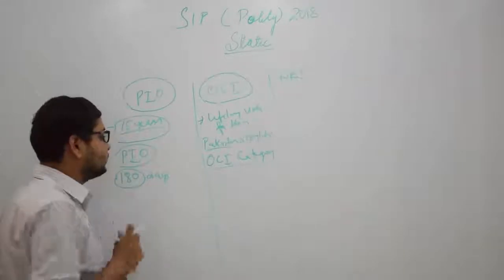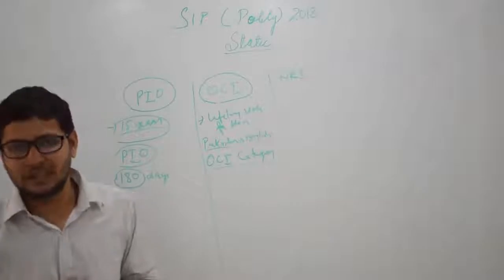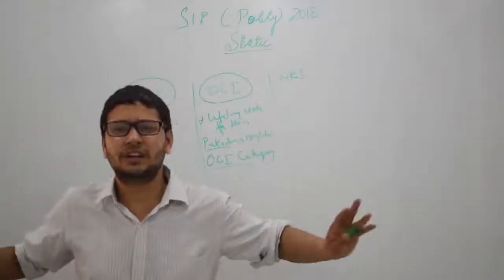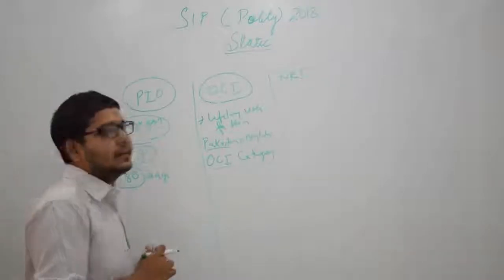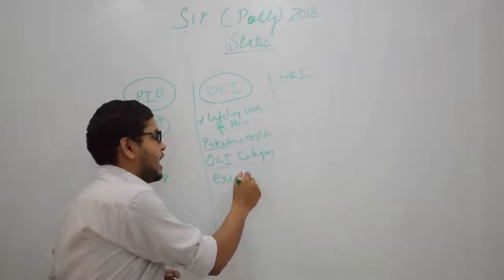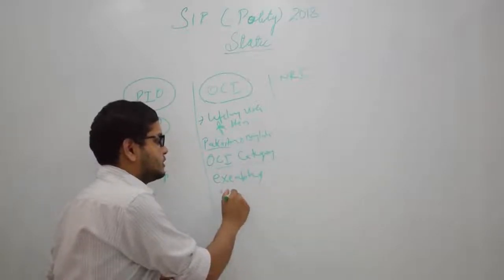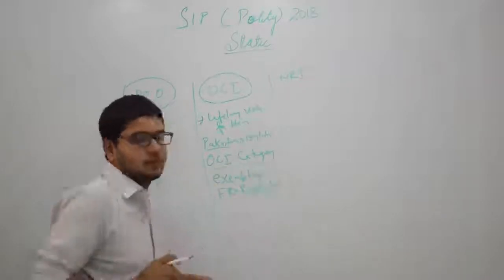But if he stays more than 180 days, he will have to register himself at the FRO office, and it's a big line. It's not very convenient. A lot of people are there. But in case of OCI, he is exempted from this FRO registration, right?